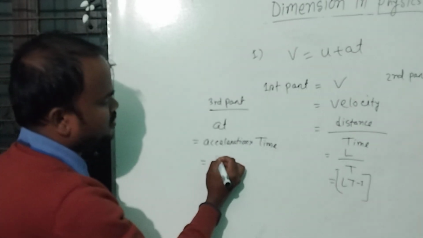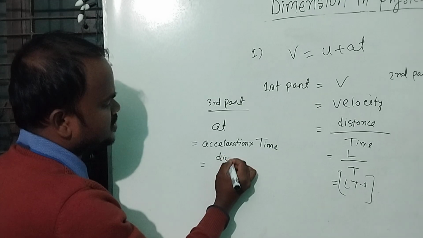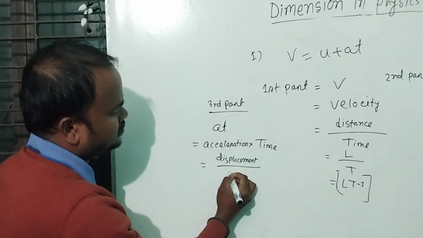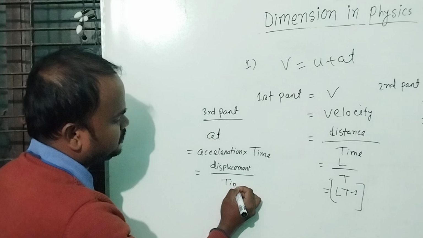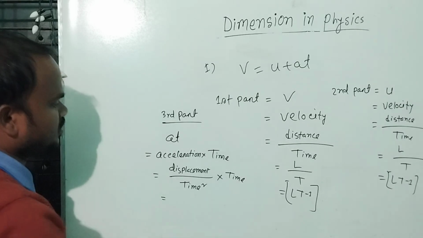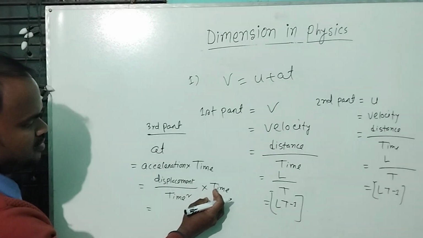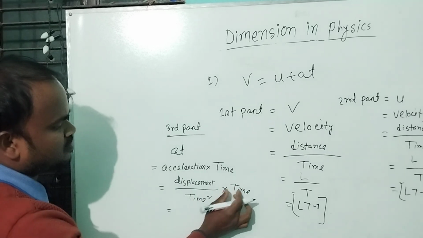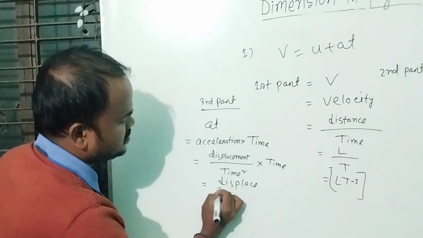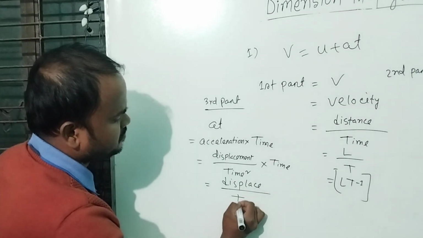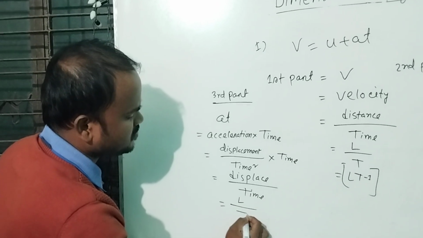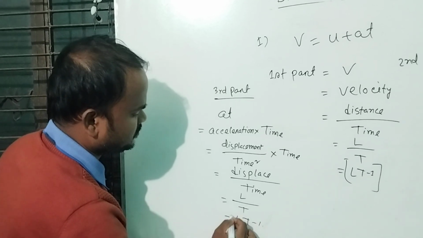And acceleration equals displacement by time square, and time into time. So if we divide time square by time, we will find displacement by time. So the dimension of displacement is L and the dimension of time is T. So this is LT inverse 1.